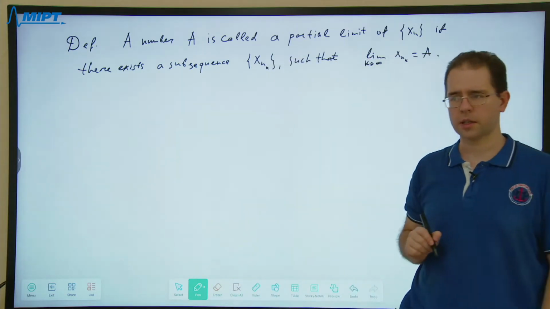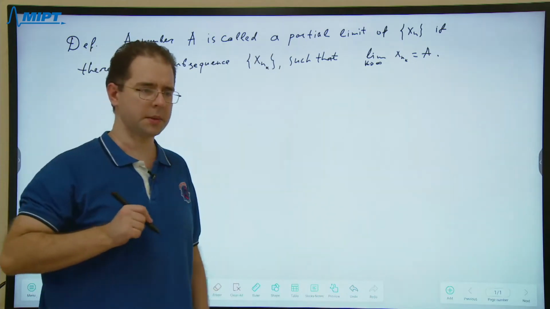So basically a partial limit is just a limit of some subsequence.